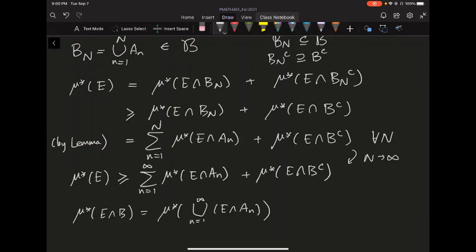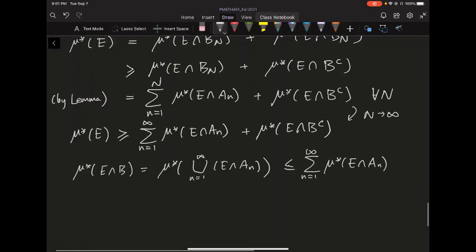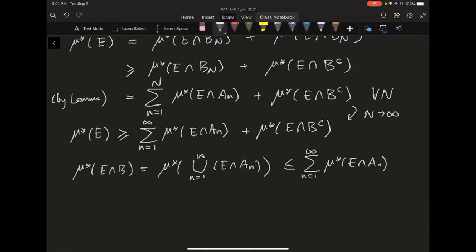And you know by the sigma subadditivity that this is less than or equal to this infinite sum, going from 1 to infinity of μ* E intersect A_n. So if you replace this infinite sum by μ* E intersect B, you will always get something even smaller.